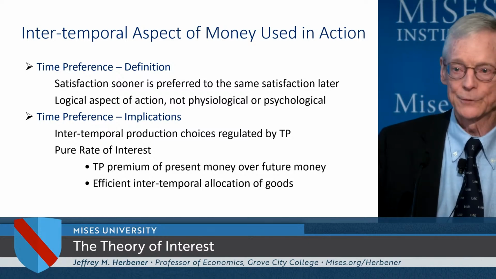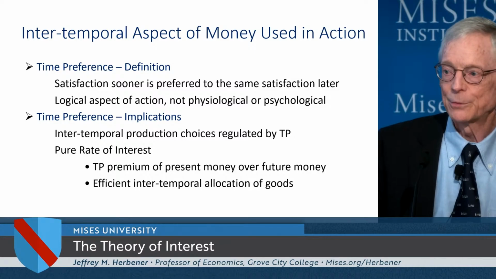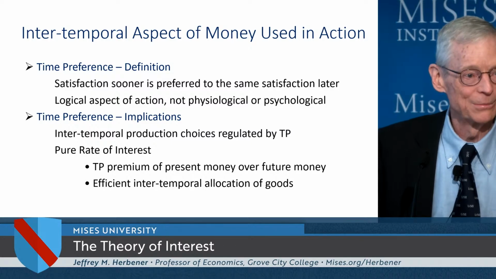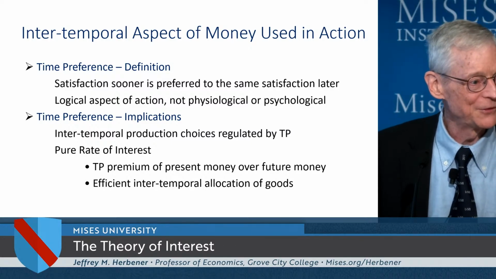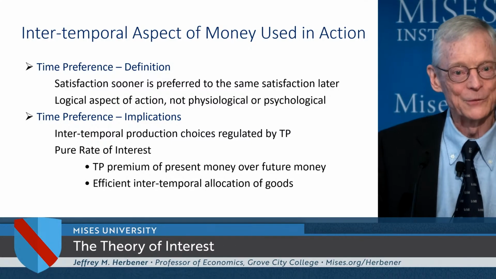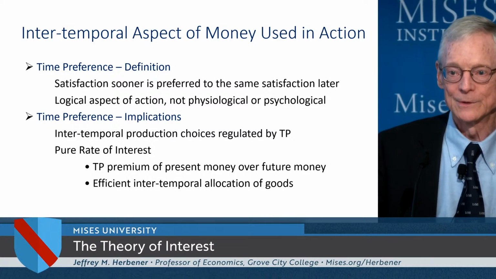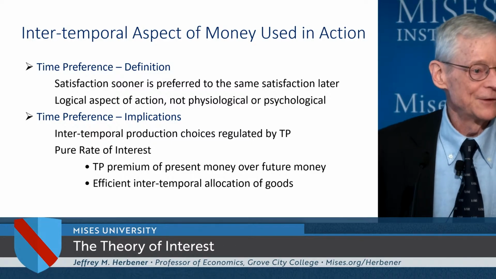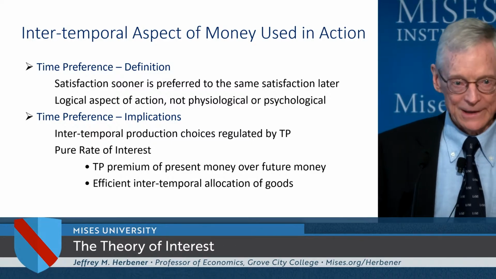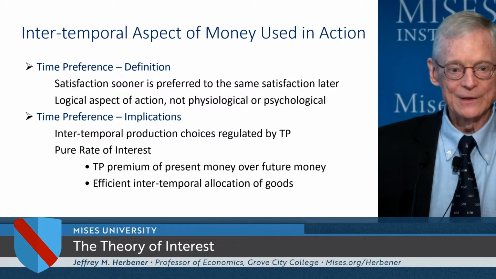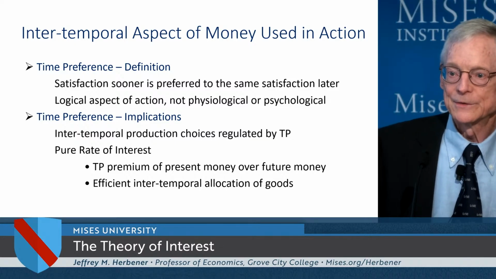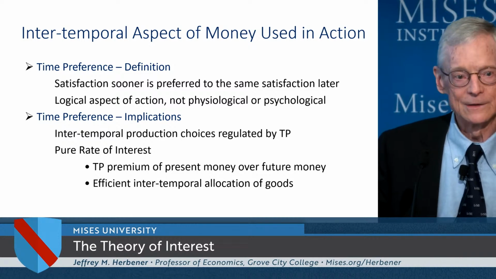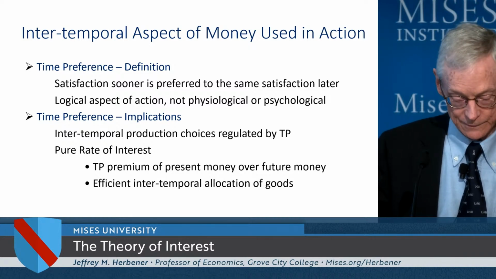And in the history of the human race, that's why we end up where we are, and not where people were in 5,000 BC. Because we've had low enough time preferences to engage in the saving and investing that's necessary to extend physical production processes, building up capital structures and capacities and so on over time, to augment the productivity of labor and land and enjoy the 21st century standards of living.